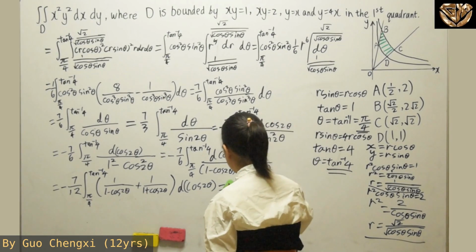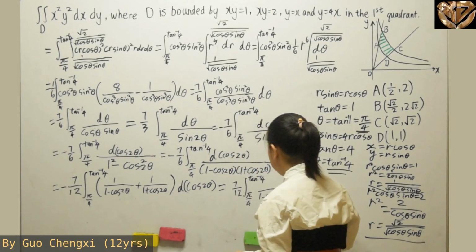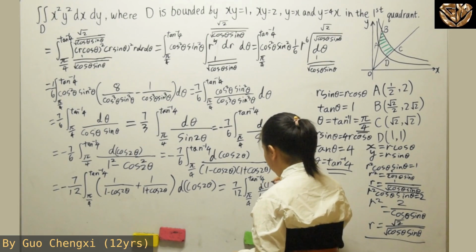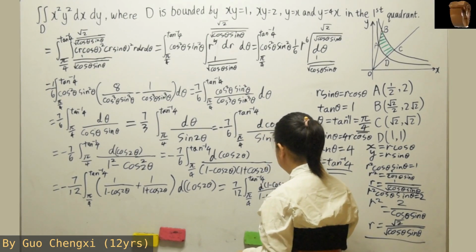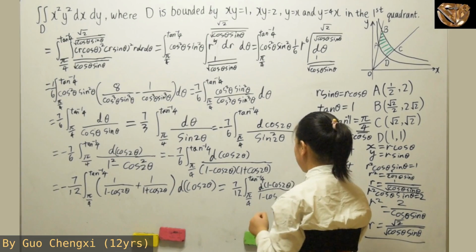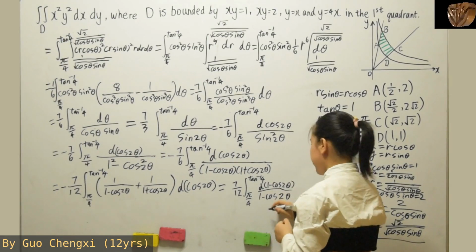Here we'll have another negative for this part because first you have 1 minus cosine 2 theta, so you need a negative over here. And then we'll add.